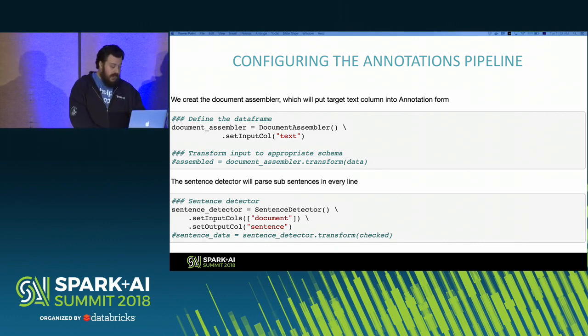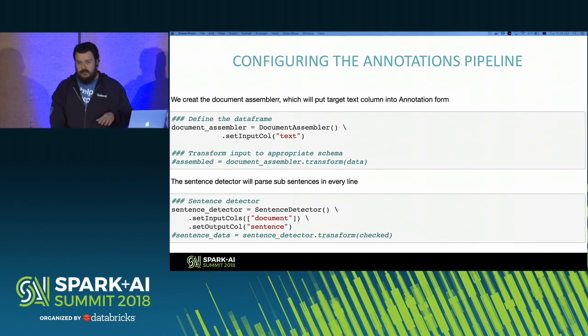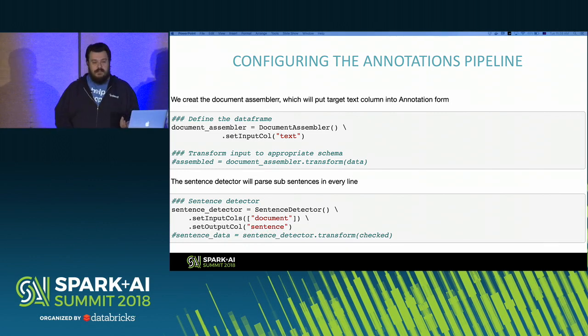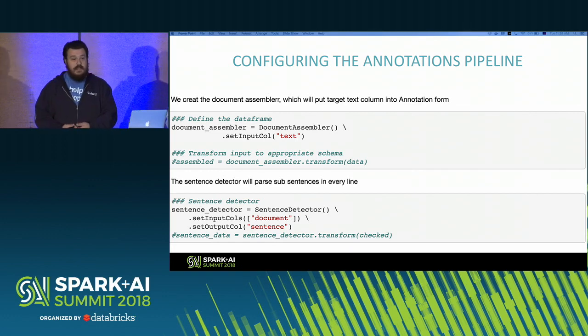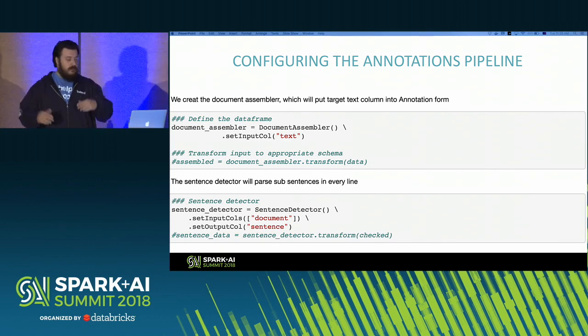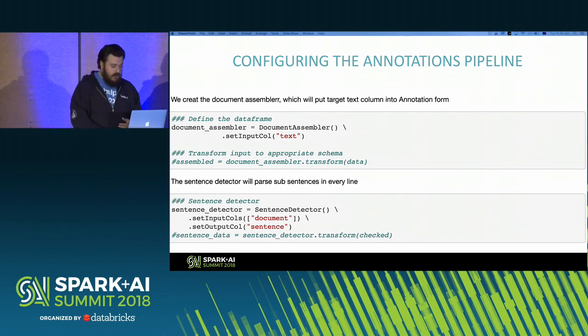So the first thing we're going to add here is the sentence detector. What the sentence detector is doing is segmenting your document into sentences. The reason that's useful is that if you're looking at windows of words, you don't want those windows to span over sentences because that would just be nonsense. So you want to break it into sentences first.